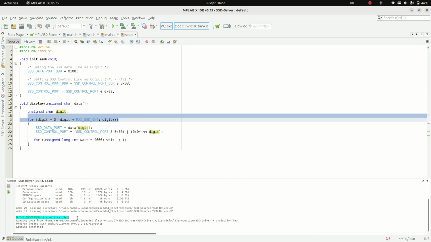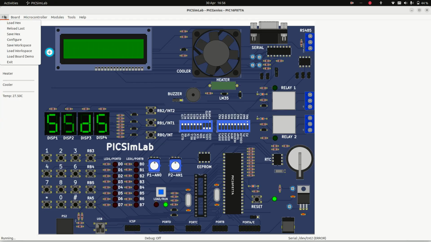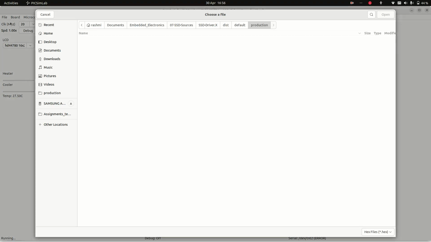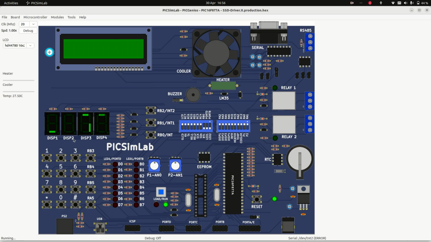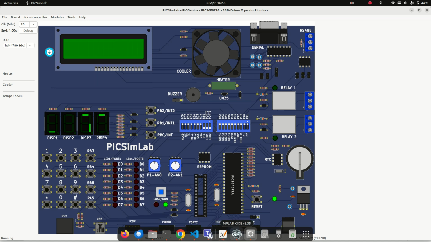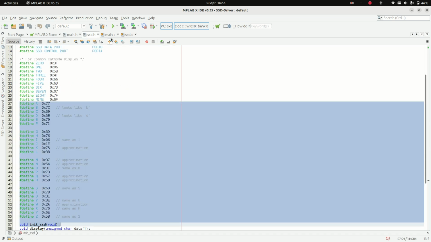Build is successful. Open the PICSimLab simulator. Here click File, Reload, so load the hex SSD, follow the path. Why is it printing like this? Because here I wrote 8051, right?